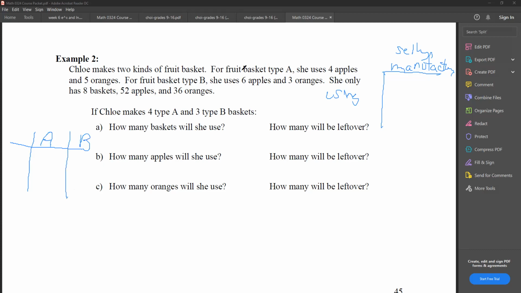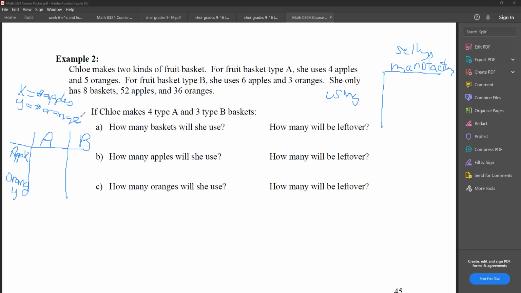What am I using for those baskets? These are my resources. I'm using apples and oranges. I'll call those X for apples and Y for oranges: the number of apples and the number of oranges. So X equals number of apples and Y equals number of oranges. I hopefully did that right.